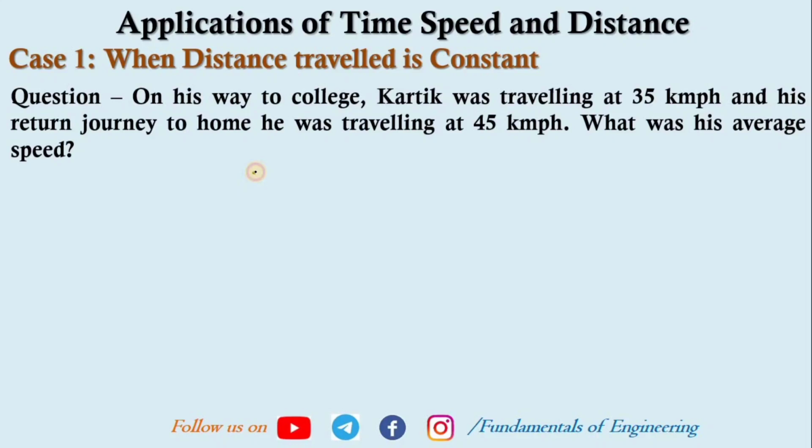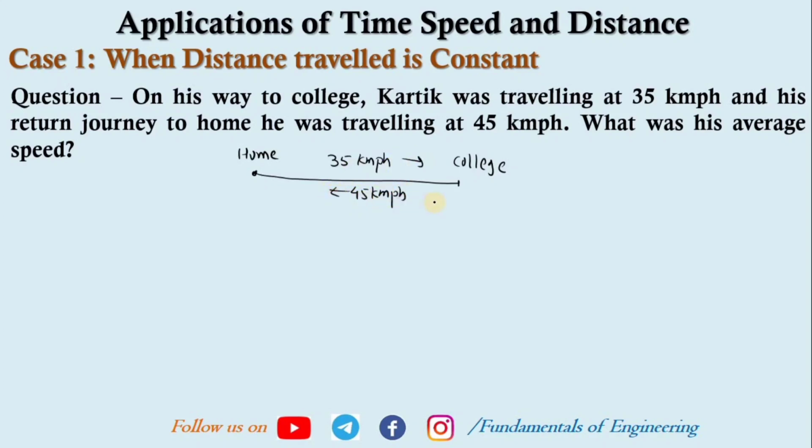Karthik regularly travels from home to college. Whenever he travels from home to college, he goes at 35 km per hour, and whenever he travels back from college to home, he goes at 45 km per hour.